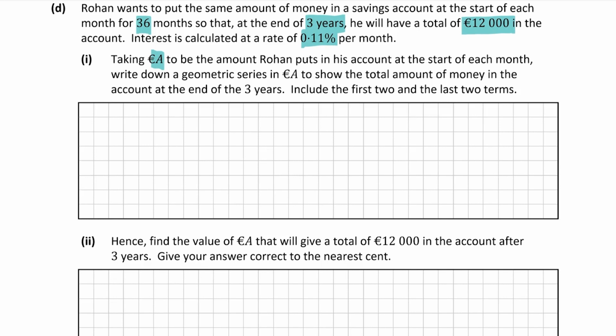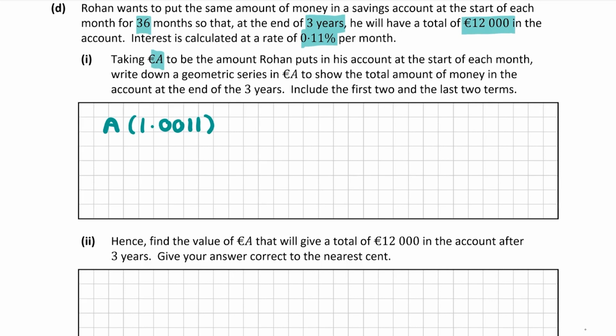So how you answer this question is, €A is the amount of money that he invests at the start of each month. So let's say it's the start of the first month of 36 months. You invest A. Now, you're going to earn interest on that, so 1.0011. So that's the interest that you're earning per month. But how many times are you going to earn that interest?